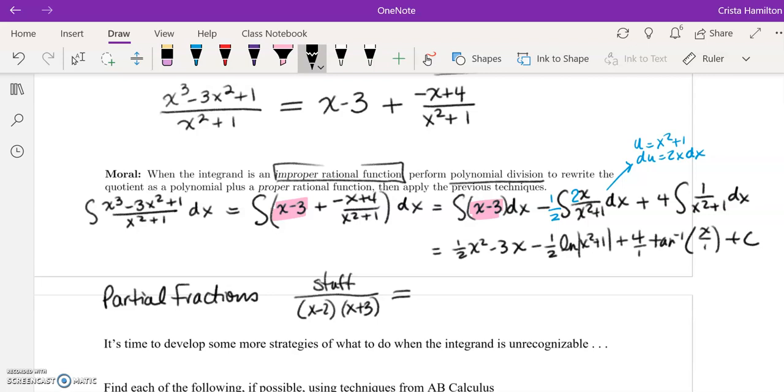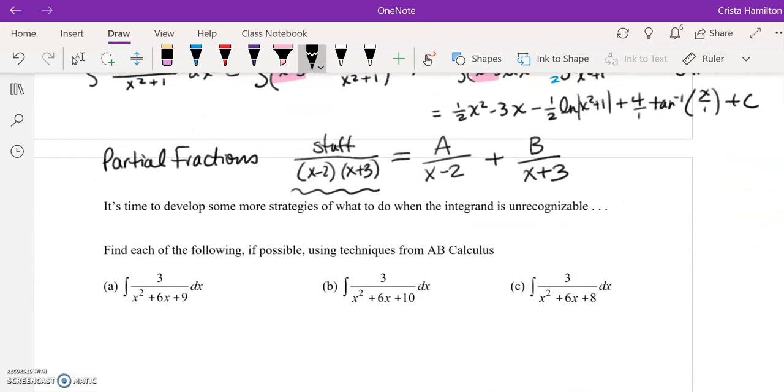Partial fractions is this idea that you can rewrite the fraction and do what I call uncommon denominator it, which is rewrite it as something over x minus 2 plus something over x plus 3, and to split it into two separate fractions that must have added together to give you this one fraction. And that splitting the fractions then would allow you to separate the integrands. But I'm not going to go over that because that's in BC Calc, and we'll save that for when you go back and take Calc 2 next year.